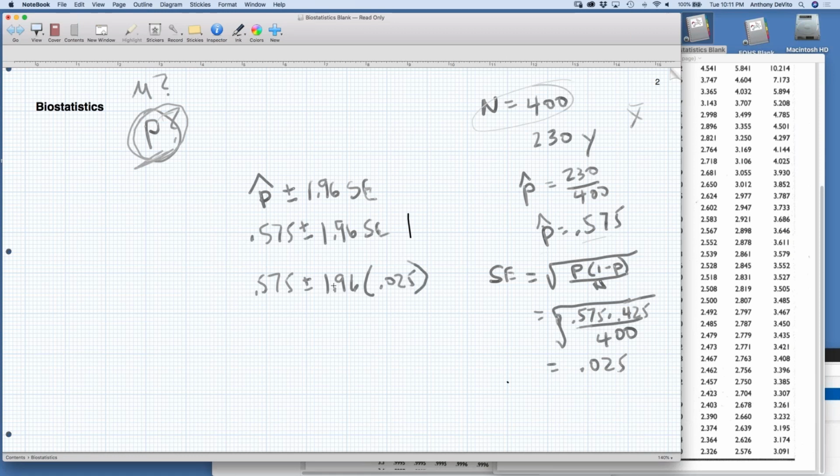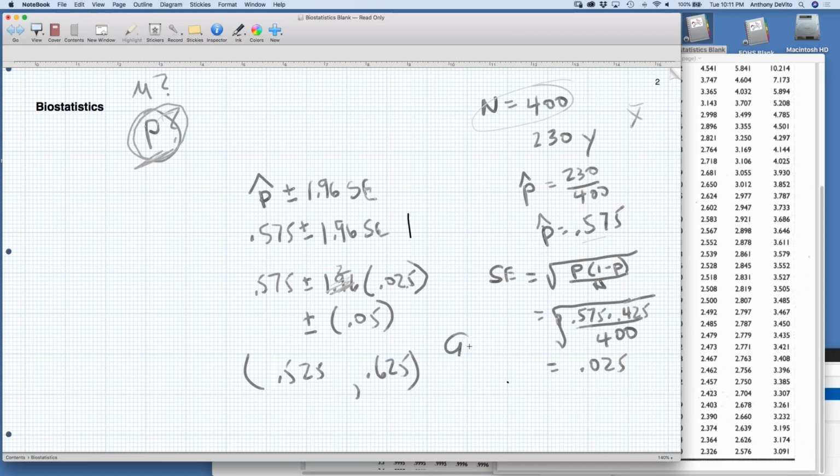Again, you're not going to do this. I'm going to say 2 times this is going to be plus or minus, right? Plus or minus 2.5% times 2 is 5%, 0.05. So our 95% confidence interval is going to be 0.575 minus 0.05, which is 0.525, and plus 0.05, which is 0.625, right?